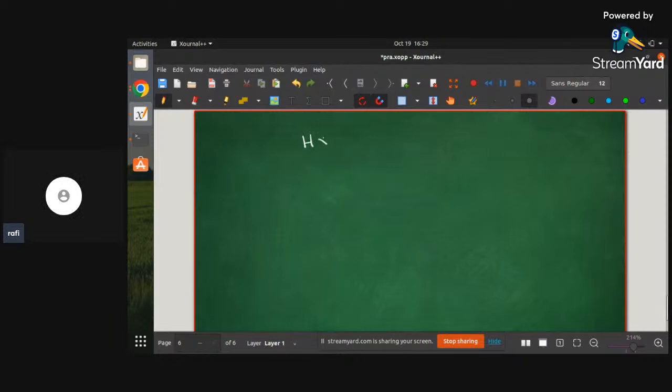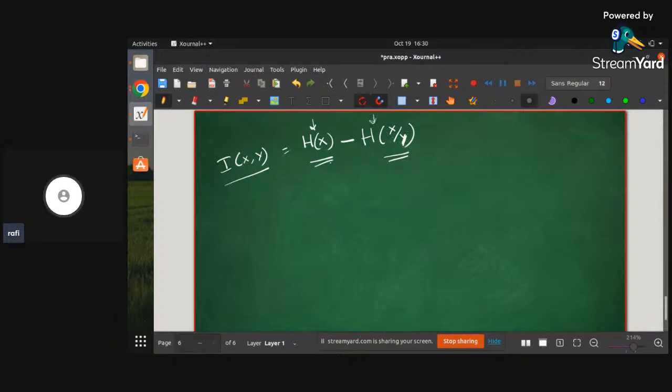You have H of X, some information about X, and when you subtract H of X given Y, then you can guess something common between X and Y. That information is your mutual information between X and Y. If you have complete information about X and also the information about X given Y, then you can deduce the information common in X and Y. So you can write entropy minus conditional entropy as mutual information.